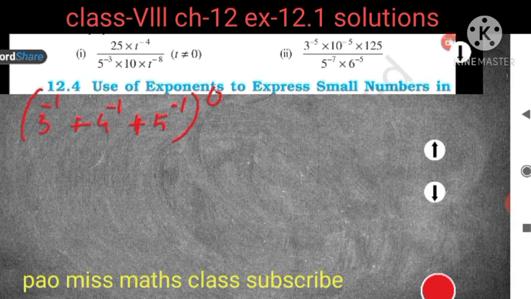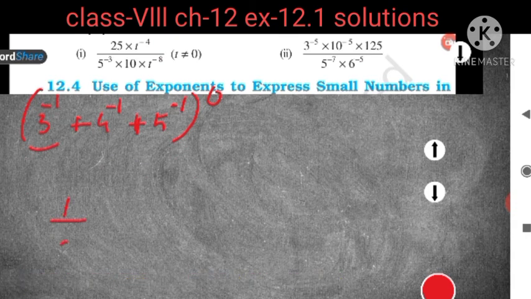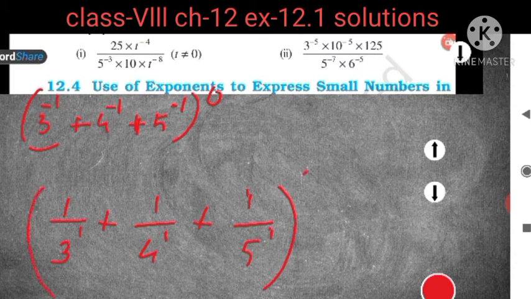Now what will you do? You will make this power positive, so it will become 1 upon 3 to the power 1 and 1 upon 4 to the power 1 and 1 upon 5 to the power 1, and the whole is raised to 0.